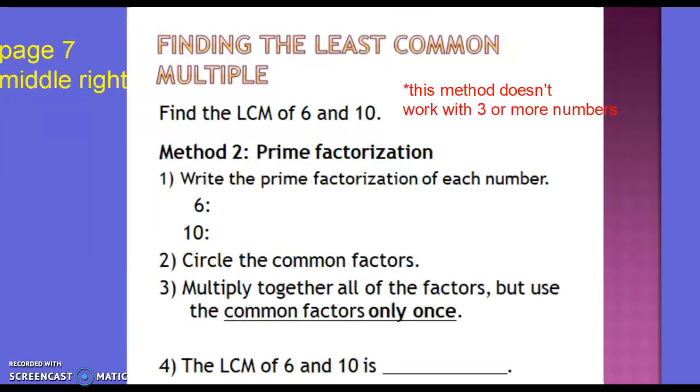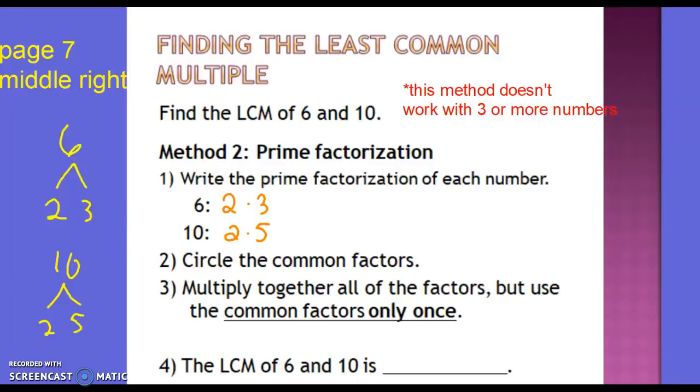Page 7, middle right. Here's a second way that you could do it. We could write down the prime factorization of each number. Remember, prime factorization is where you make your factor tree. 6 is 2 times 3, 10 is 2 times 5.